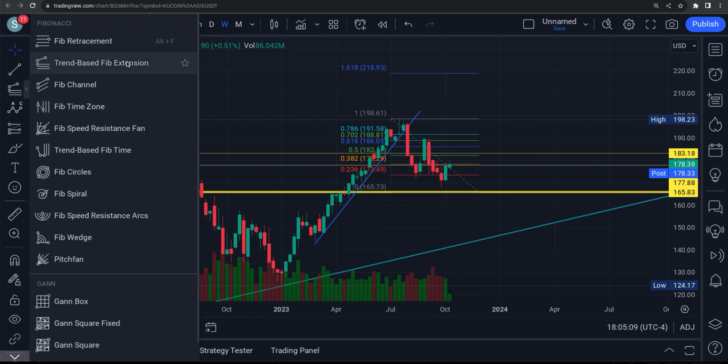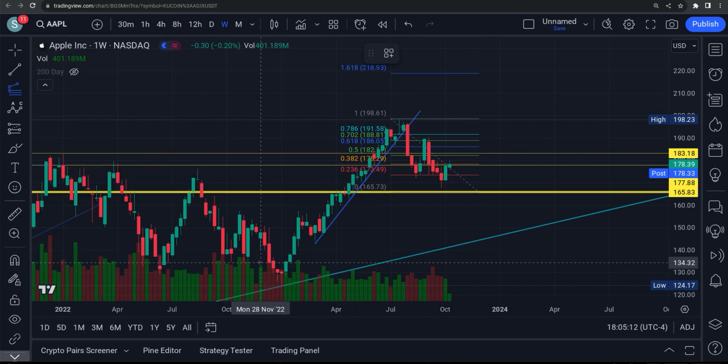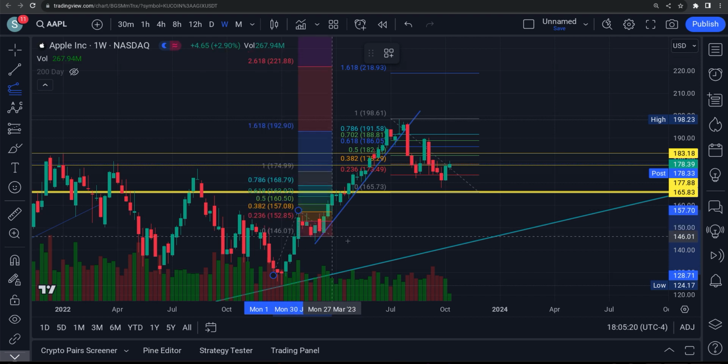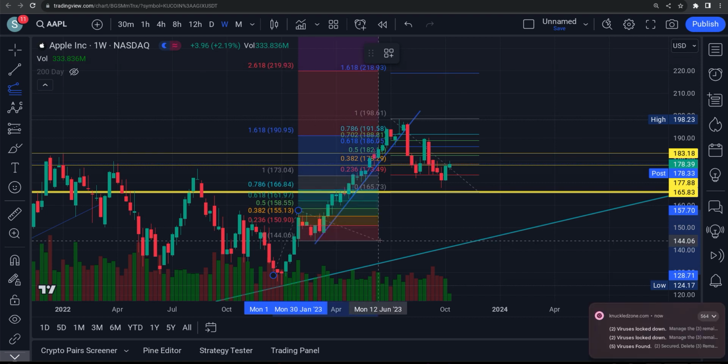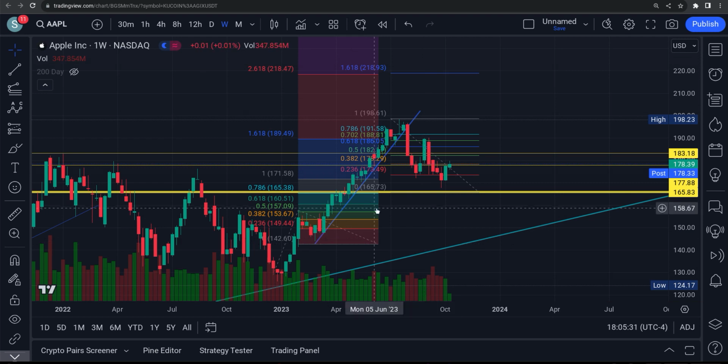Trend-based fib, usually your 1 is going to be down there. 2, the pullback. Let's get it right on there perfectly. Right there. All right, look how these two line up pretty good. 218.47.